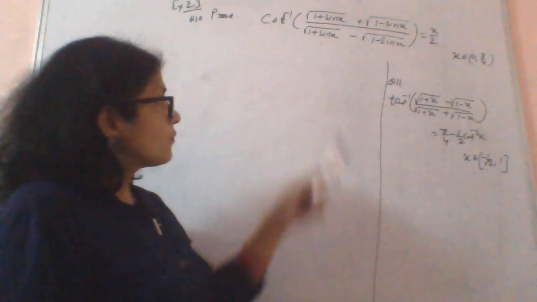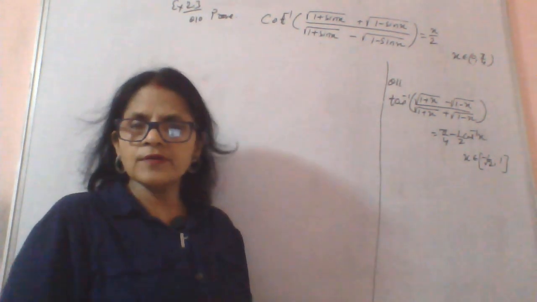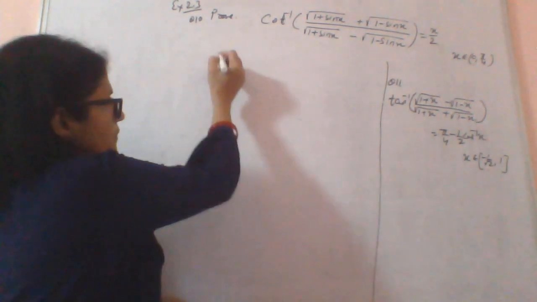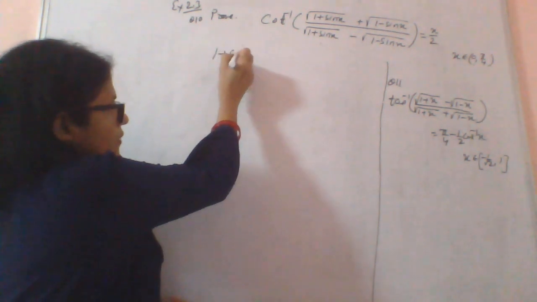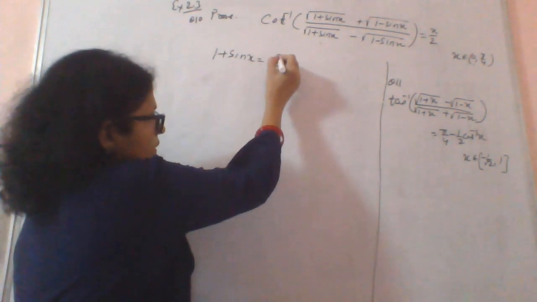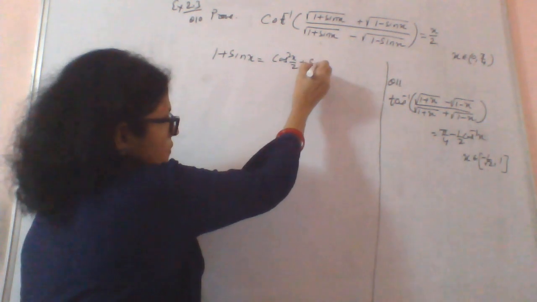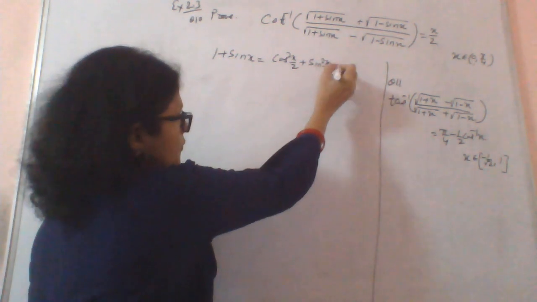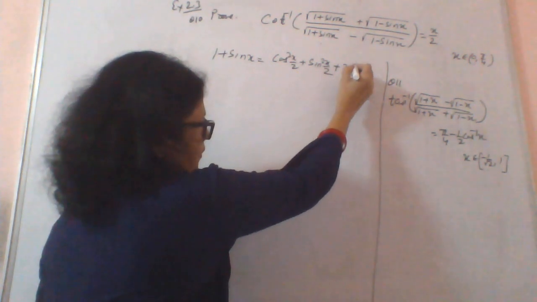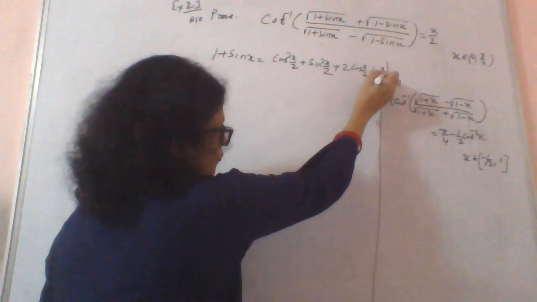Okay, so when you see such questions like 1 plus sin x, 1 minus sin x, one thing you might be thinking, if you remember, whenever we write 1 plus sin x, can it be written as cos square x by 2 plus sin square x by 2 plus 2 cos x by 2 into sin x by 2?